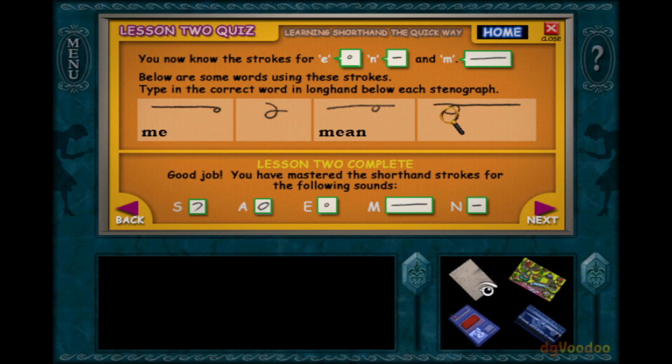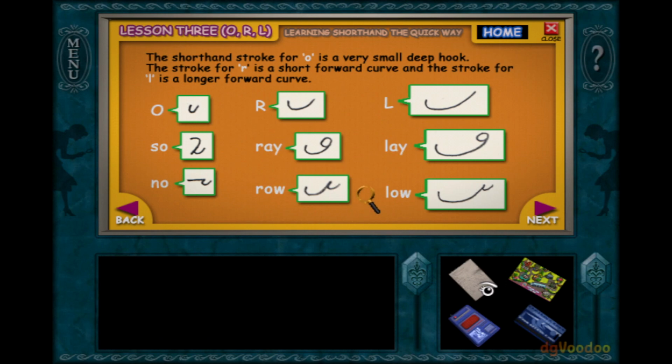Because it's N-A-M, name. What's this one though? There's an S, obviously. Sane. Alright. Cool.